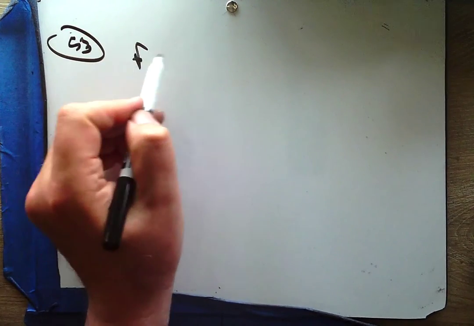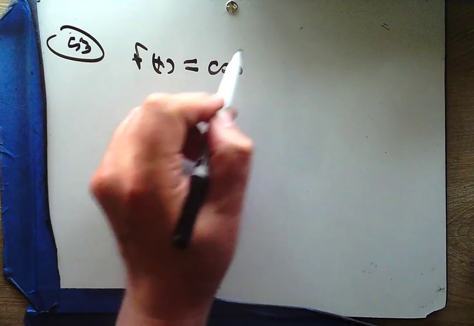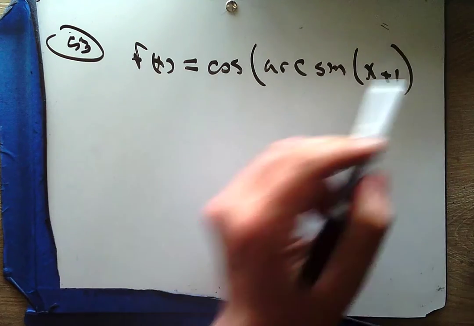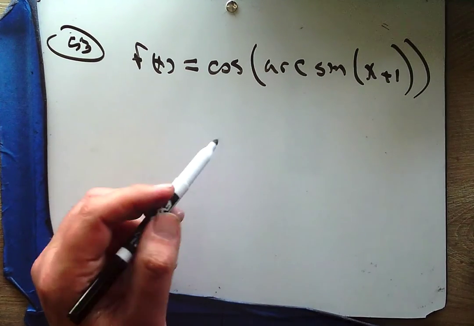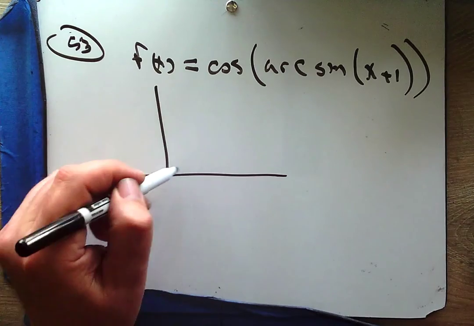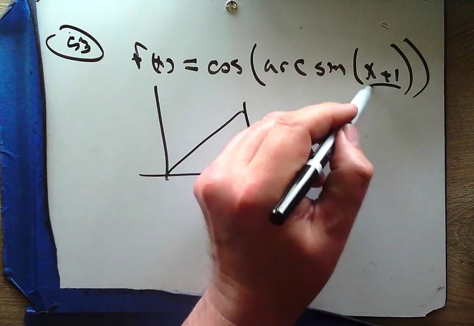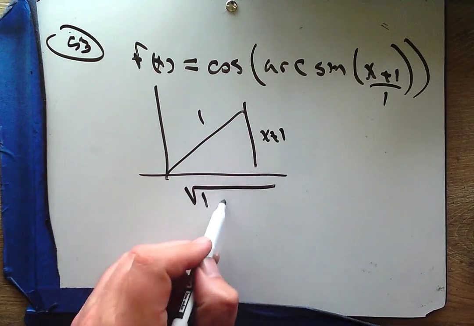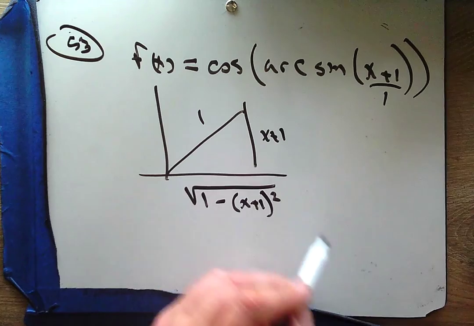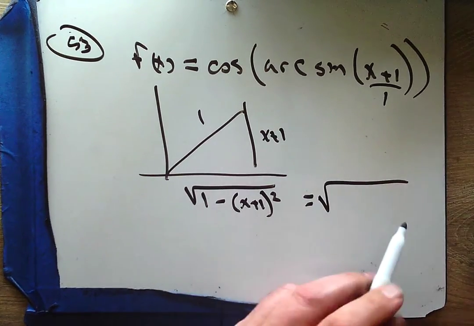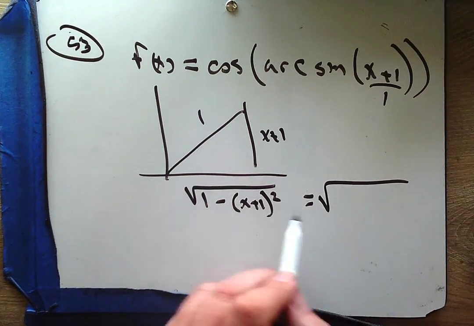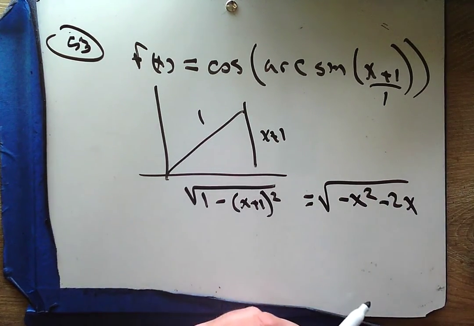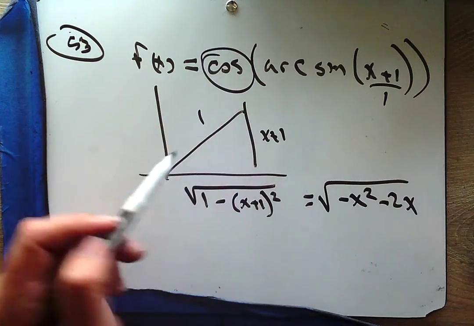53. 53 says f of x equals cosine arc sine of x plus 1. Did you want to do this as a draw-a-triangle problem? All right, well, let's try that. So this is x plus 1, this is 1, this is the square root of 1 minus (x plus 1) squared, which is going to cancel to negative x squared minus 2x. Okay, and I want the cosine in this picture.